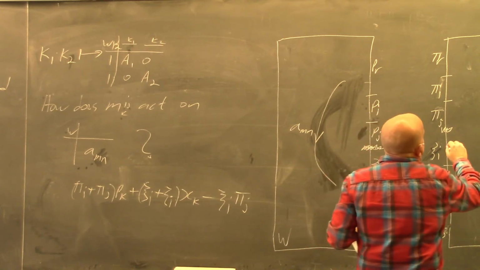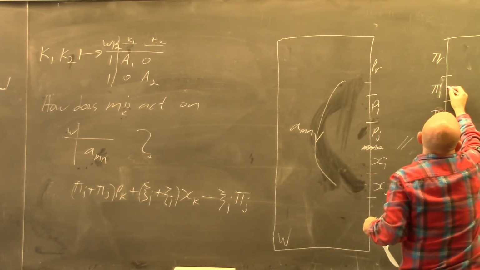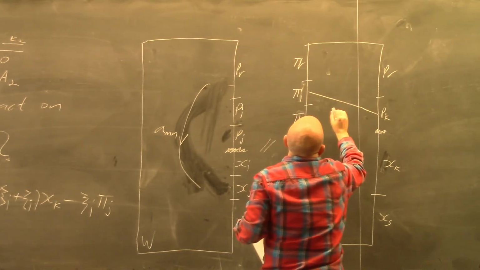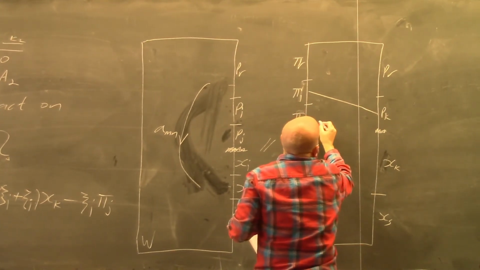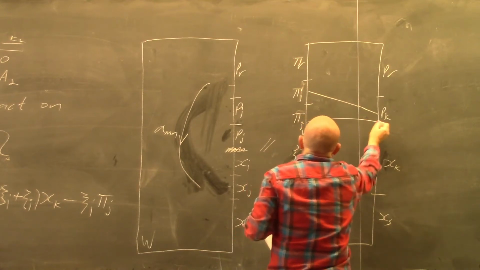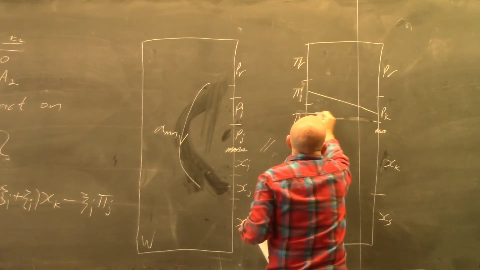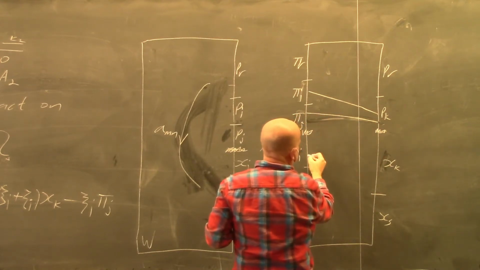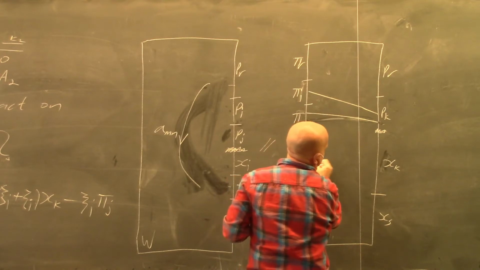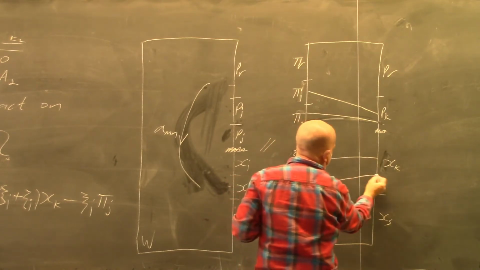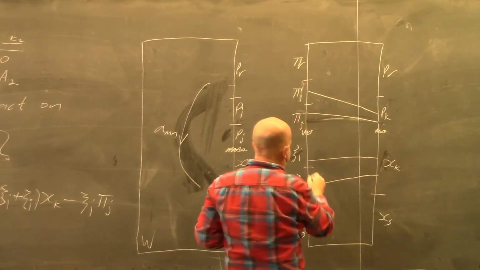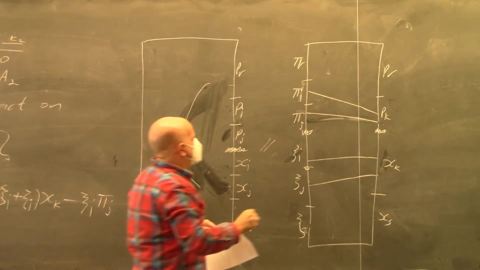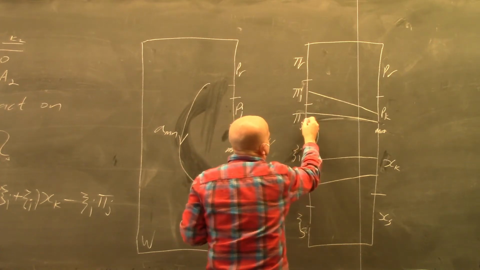So let me draw it. I have pi I and pk, and I have pi j and pk. I have psi I and xk. I have psi j and xk. And I also have a psi I pi j.